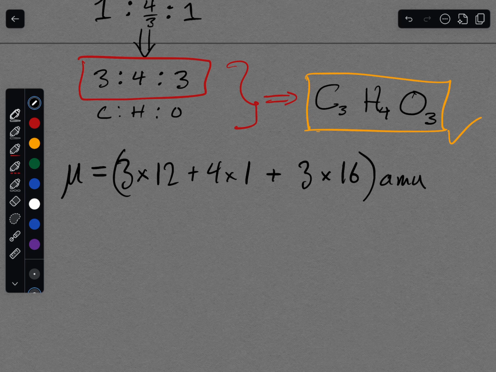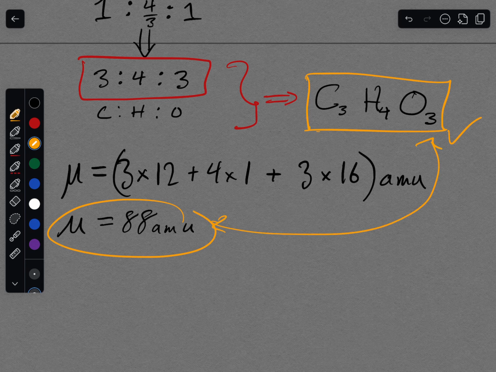And so what does this work out to be if I plug this in a calculator? Plus 3 times 16. So this turns out to be 88 AMU. This is for the empirical formula that we got.